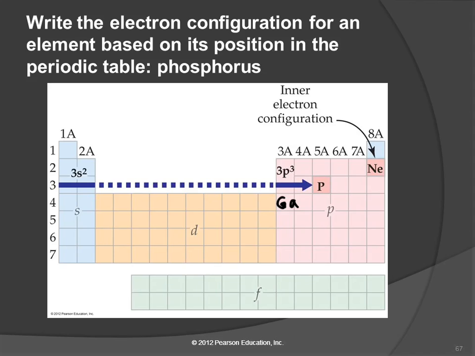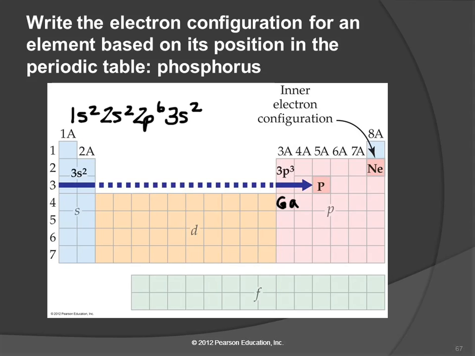So if we have to write the electron configuration for gallium, we're going to read it off the periodic table. 1s2. Next is 2s2. This is the second row, the P block, and that one's full. 2p6. Then we get to 3s2.